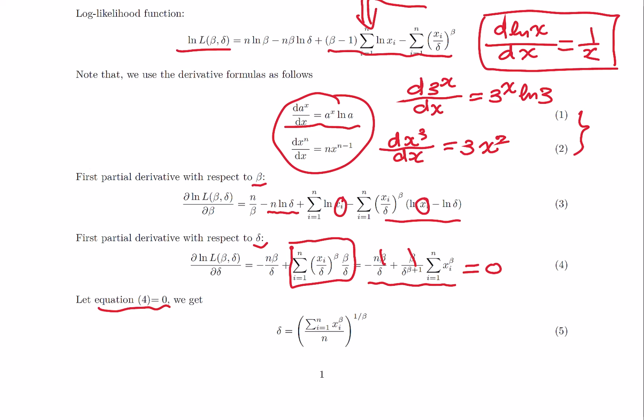That's how we got negative delta to the power beta plus the sum of i goes from 1 to n xi to the power beta, right? That's why we got this one equal 0. So beta delta to the power delta equals this, xi to the beta. That's how we got this here.